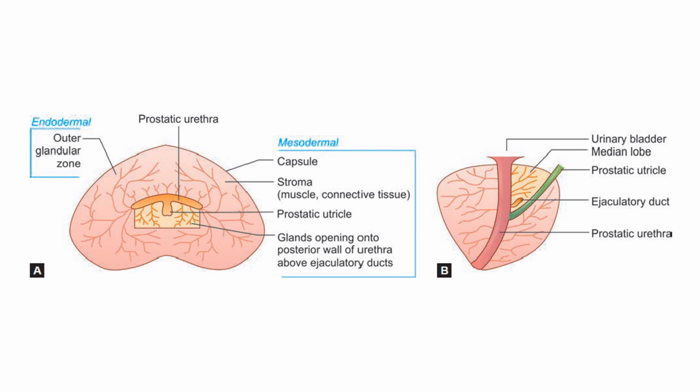This outer zone differentiates earlier than the inner zone, and in later life, as we already discussed in the gross anatomy, the outer zone is frequently the site of carcinomatous change, while the inner zone is affected in senile hypertrophy of the organ. The muscle and connective tissue of the gland, they are derived from surrounding mesenchyme, that is also forming the capsule of the gland.